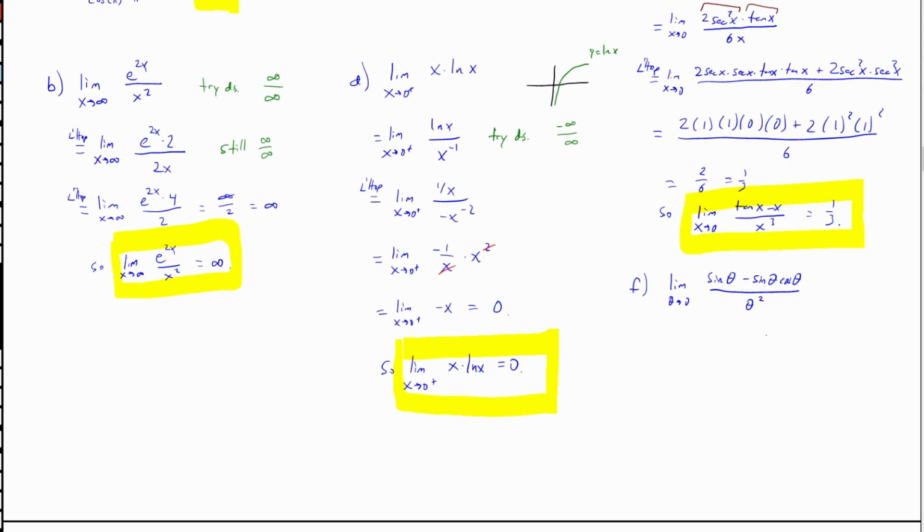And once again, if you remember your trig limits, the sine and cosine one, this can be a very quick and easy problem. If you use L'Hopital's rule, it takes a little bit more effort, but you can still get there. Okay, so I'm going to try direct substitution. Sine of 0 is 0, so I have 0 minus 0 over 0 squared, right? 0 over 0, that's the right form for L'Hopital's rule.